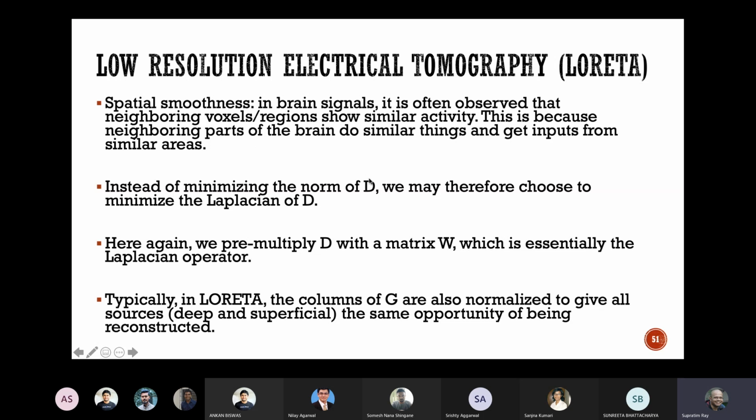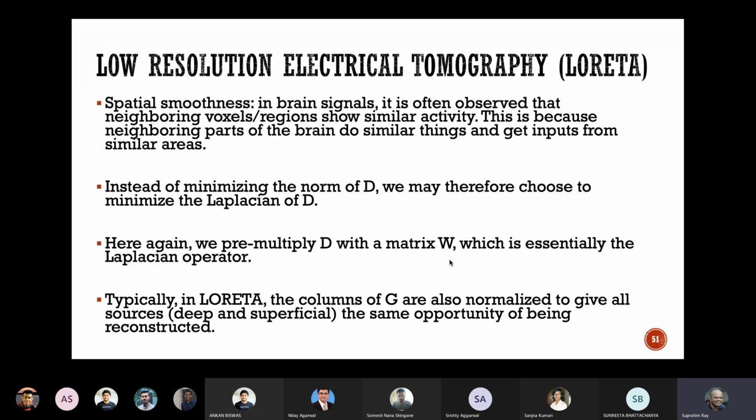So instead of minimizing the norm of D, you can minimize the Laplacian of D. And this is called Loreta. Loreta has one matrix to apply a Laplacian, another one which normalizes its columns. So it has this form. The other form I'll show you in the next slide.